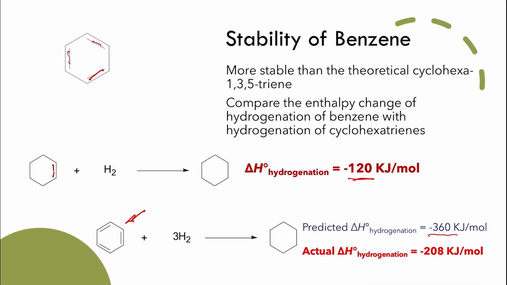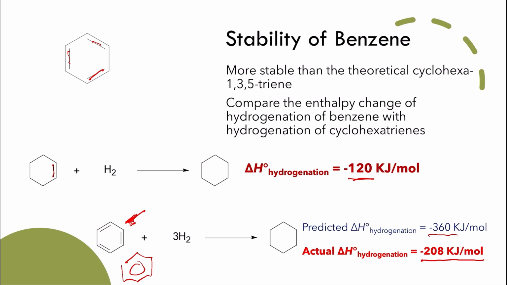However, the actual enthalpy of hydrogenation of benzene itself, which is similar to this compound but actually has the delocalized electrons, and we draw it this way, is far less than this. It's minus 208 kilojoules per mole, which proves that this is more stable than the cyclohexatriene.